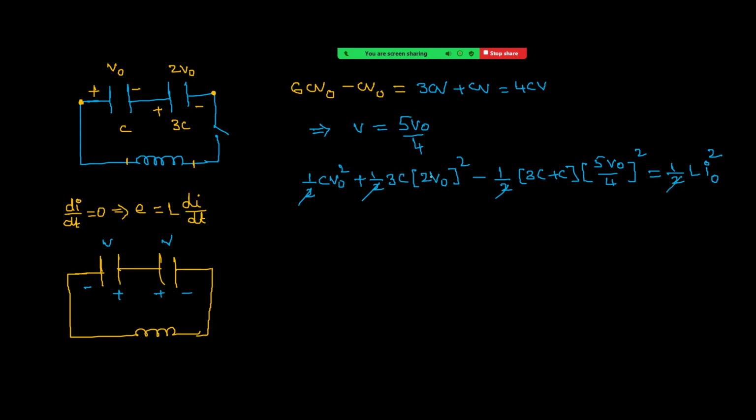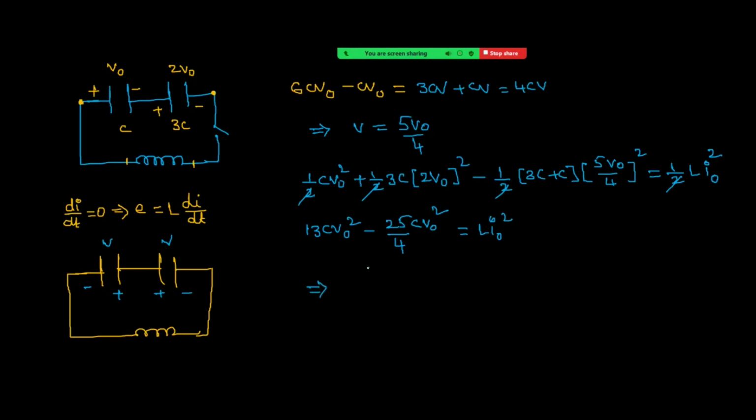Next, what else? 2 square 4, 4 3 is 12. 12 plus 1, 13. 13C V naught square minus how much is it? This is a 4. This is now 16. Remaining is a 4 here. So it is now 25 C V naught square by 4. That is equal to L I naught square. Right?